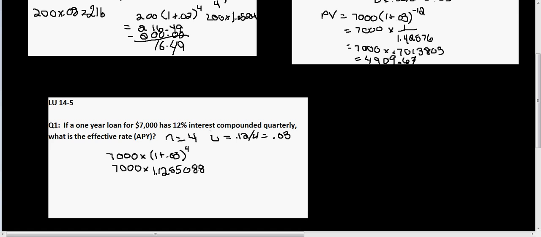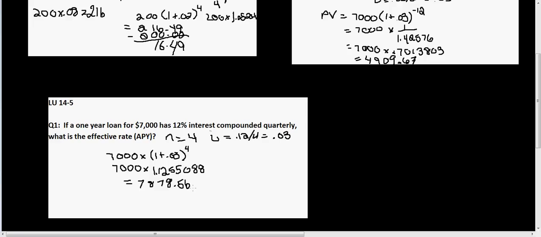We multiply these two together and we find out that the total is $7,878.56. That's the interest and the principal combined together.